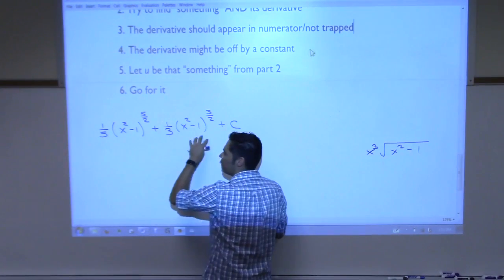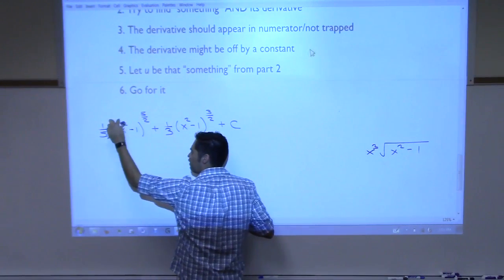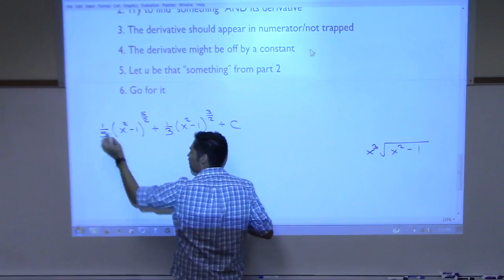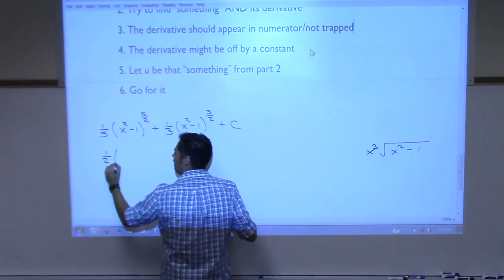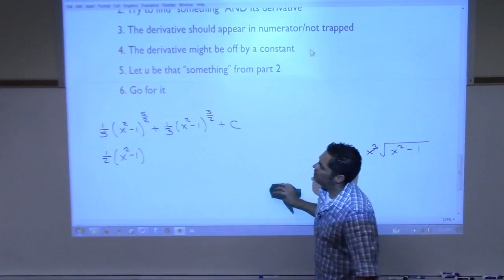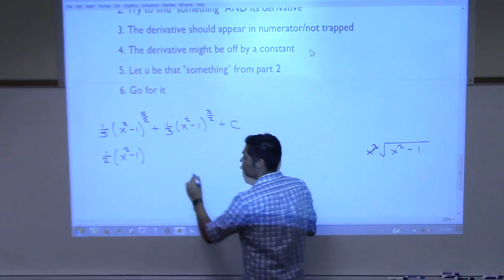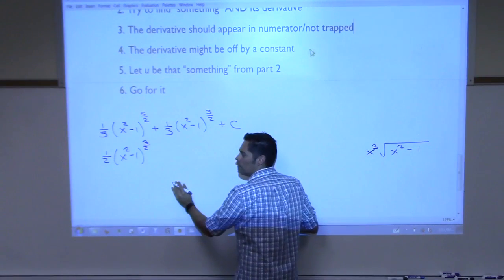I'm going to do these derivatives separately. Derivative of this, chain rule. 5/2 comes out. What happens when I hit this 5/2 with 1/5? It's going to be 1/2. This whole thing, I subtract 1 from that. What do you get when you subtract 1 from 5/2? 3/2. What's next? Take the derivative of the inside.